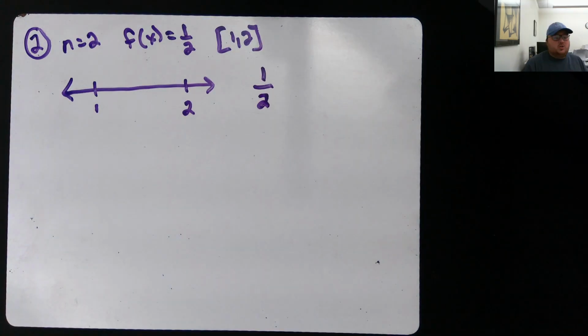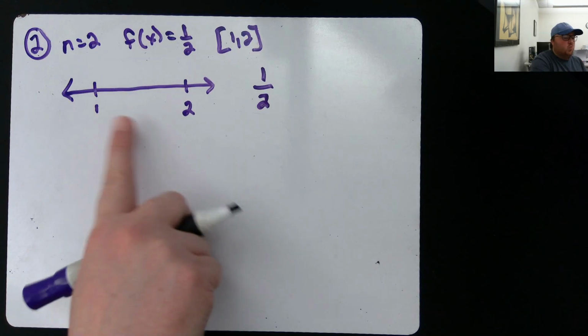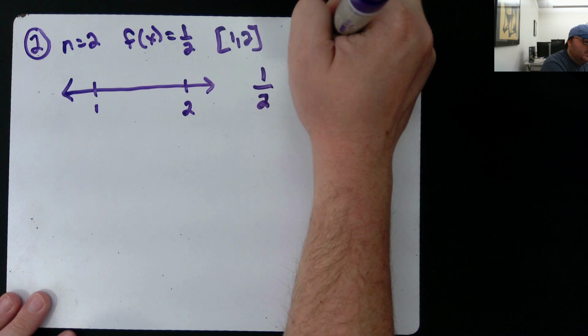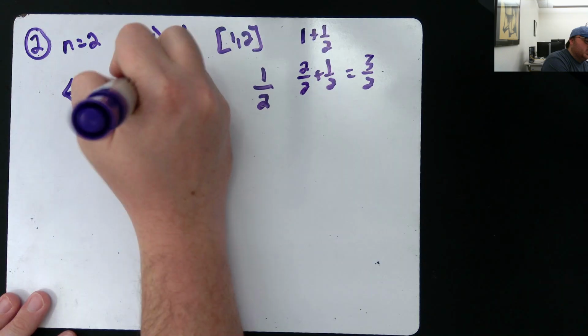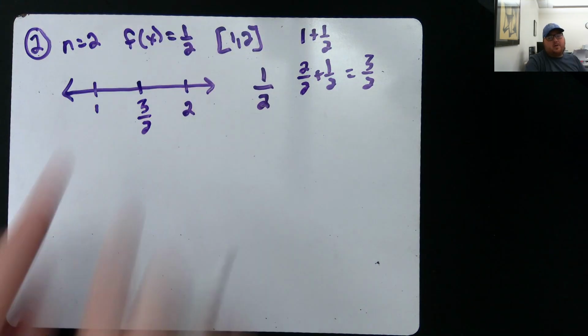So to find my next point, I've got to do 1 plus 1/2. 1 plus 1/2 is like saying 2 over 2 plus 1 over 2, which is 3 over 2. And there are my 2 parts right there.